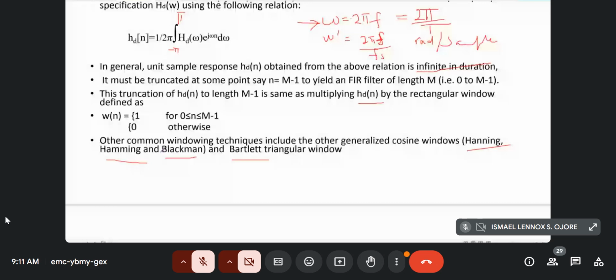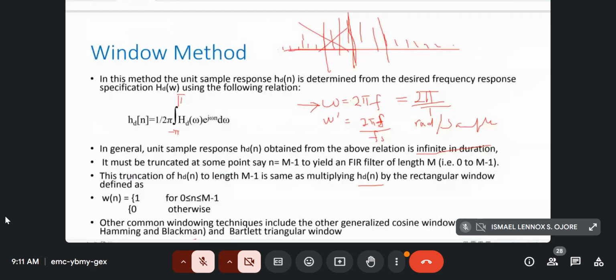This is the DTFT, that's why you're using this formula. These are discrete sequences, but the DTFT of a discrete sequence is a continuous function.